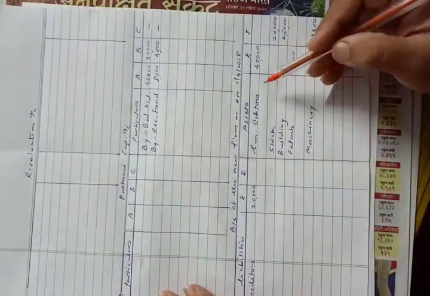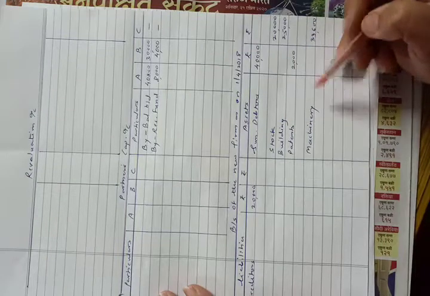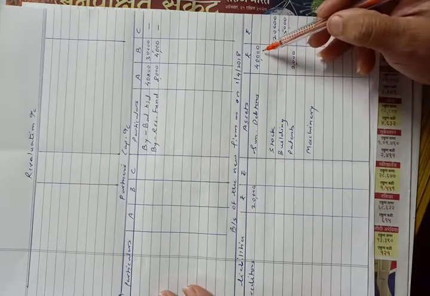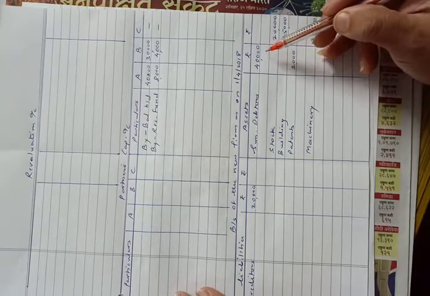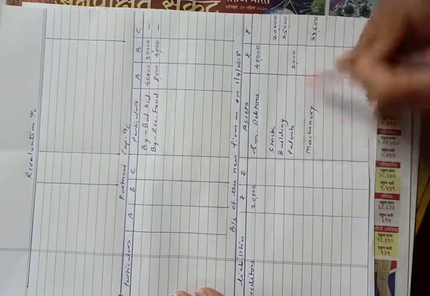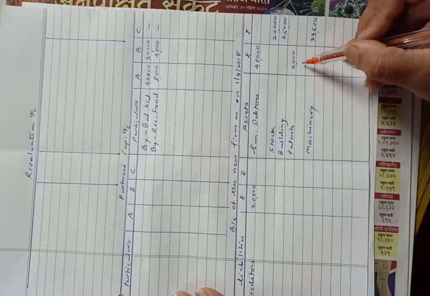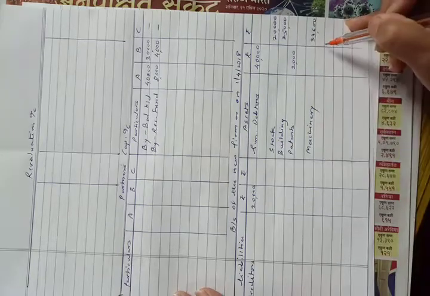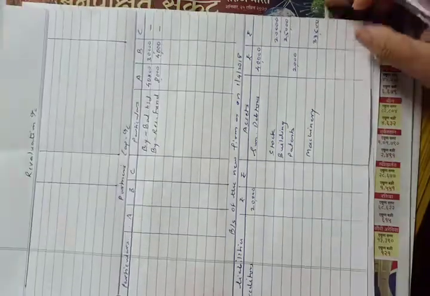Now the asset side, all assets are transferred here. Sundry debtors in the inner column as there is an adjustment. Stock and building in the outer column, no adjustment. Patents in the inner column as there is an adjustment, and machinery in the outer column. Okay, now let us solve the adjustments.